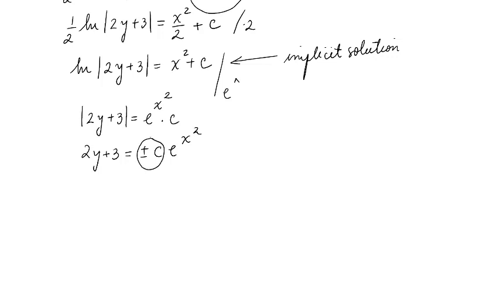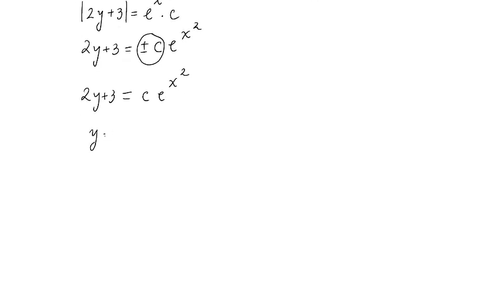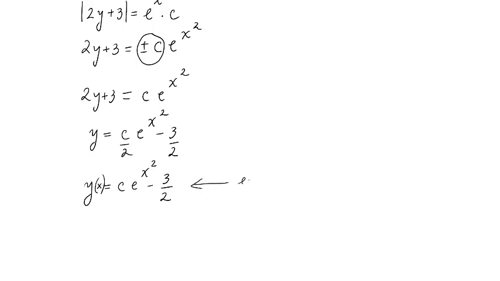Again, the plus minus c is going to be some constant. To get y by itself, I'm just going to subtract 3 from both sides and divide by 2, and again, c divided by 2 is a constant, so we end up with y of x is c e to x squared minus 3 over 2, which is the explicit solution.